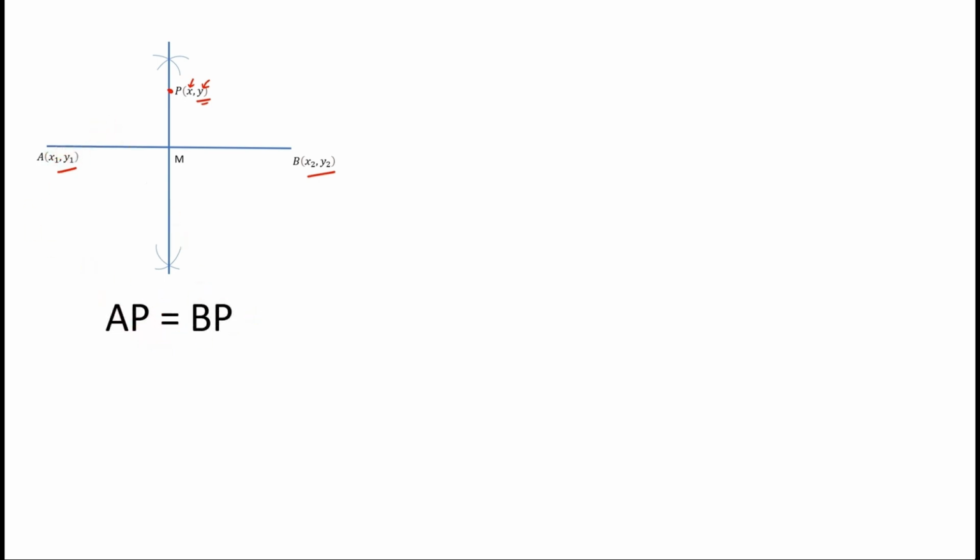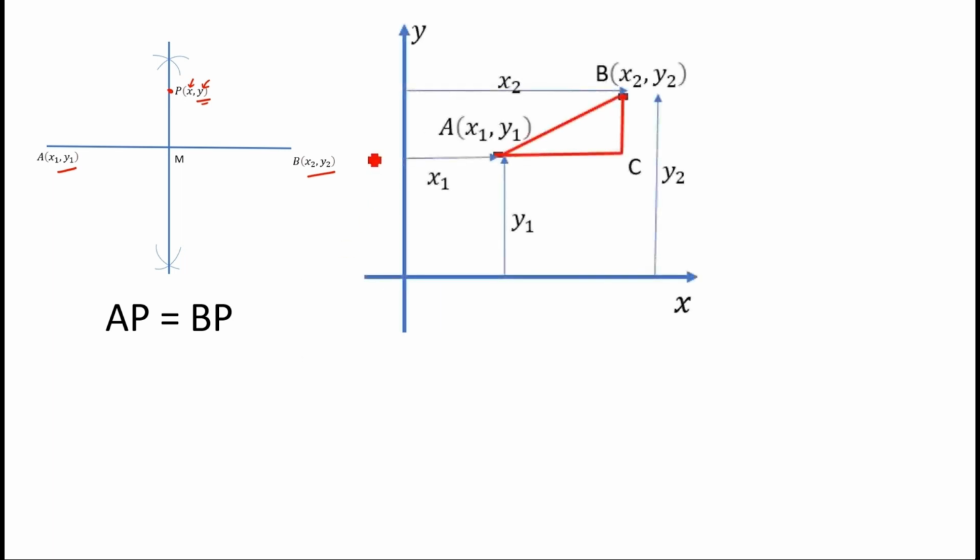Do you know the formula for the distance between 2 points? Let's take the coordinate system. The first point is (x1, y1) and another point is (x2, y2). If you want to find the distance between these 2 points, that's AB here. What is the meaning of (x1, y1)? It has x1 distance from the y-axis and y1 distance from the x-axis. Similarly, point B (x2, y2) has x2 distance from the y-axis and y2 distance from the x-axis.